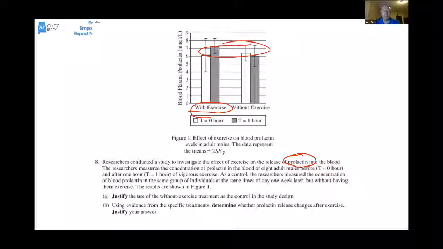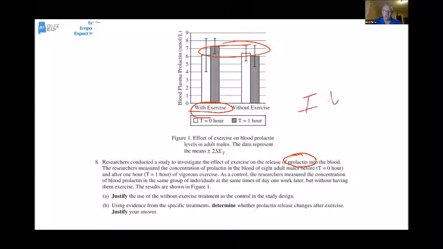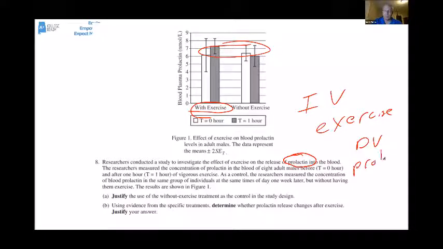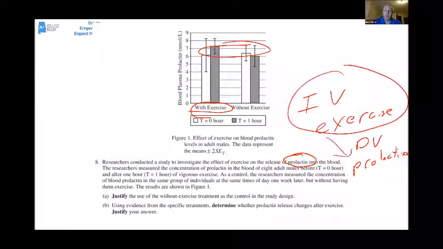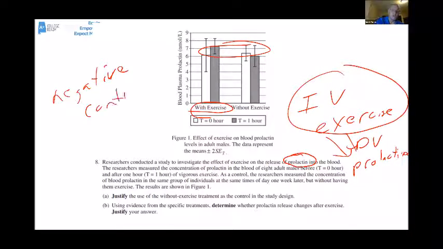Well, our independent variable in this case was exercise. And our dependent variable was prolactin levels. And we're essentially trying to figure out, does exercise have an effect on prolactin levels? So a perfect negative control is no exercise.